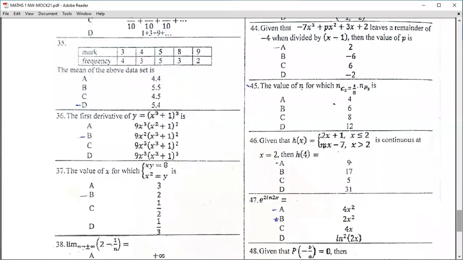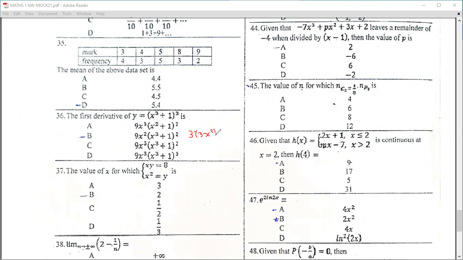Question number 36. The first derivative of this is, according to the rule, so how do we differentiate these composite functions? Bring down the power 3. We differentiate the core, the function inside. We are going to have 3 again. So 3 times 3x squared.